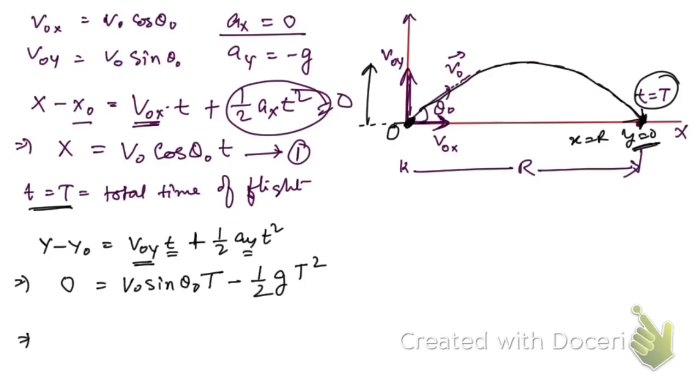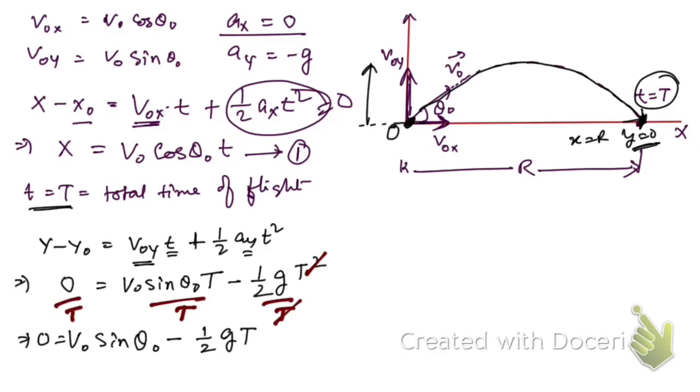If you divide both sides by T, then you're going to get 0 is equal to v naught sin theta naught minus half g T. Dividing both sides by T, the T cancels, and 0 divided by anything is 0, right?